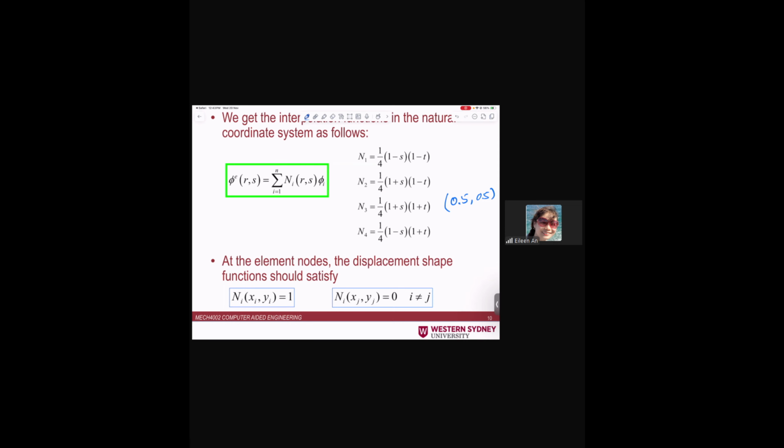The same, if you substitute the coordinates of node 4 into those equations, N4 is 1 and N1, N2, N3 are 0. So those are some methods to check if your shape function is correct or not.